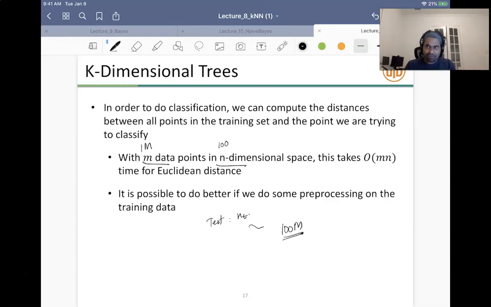Imagine now if m instead of being 1 million is 10 million, this becomes 1 billion operations. So clearly, nearest neighbor techniques don't scale really well, and this is going to be slow because this needs to be done every time for a test example. But really, we need prediction time to go down in milliseconds. The prediction must really be in the order of milliseconds.